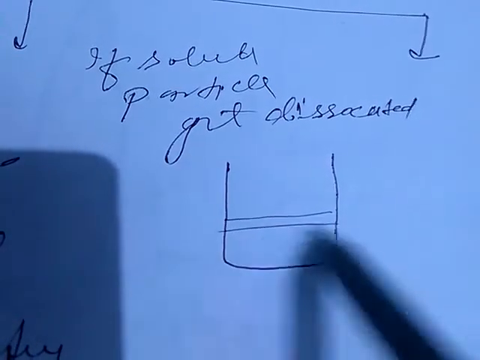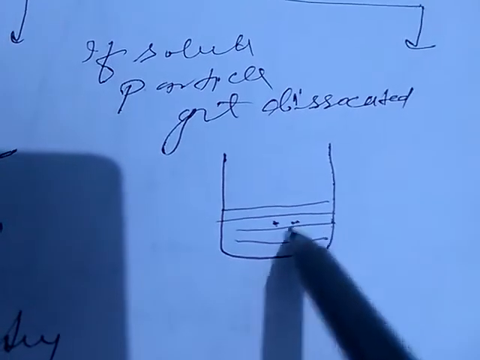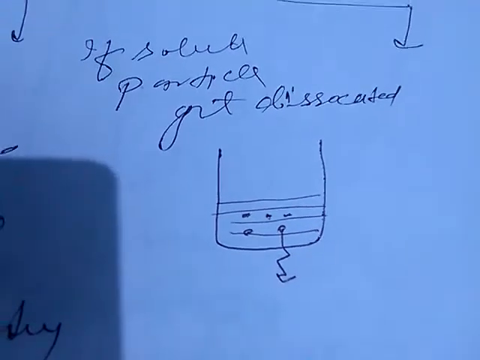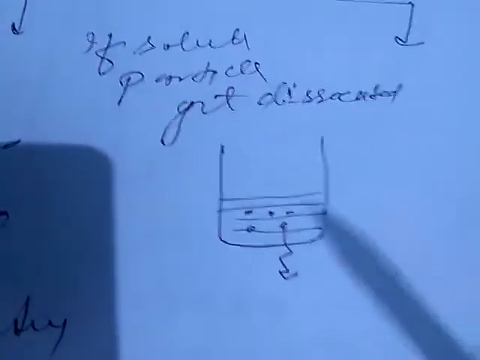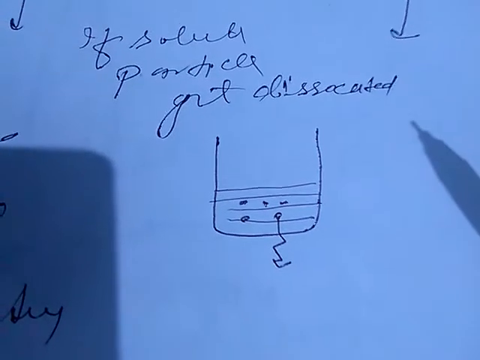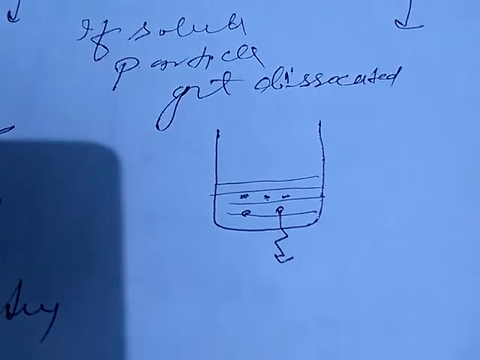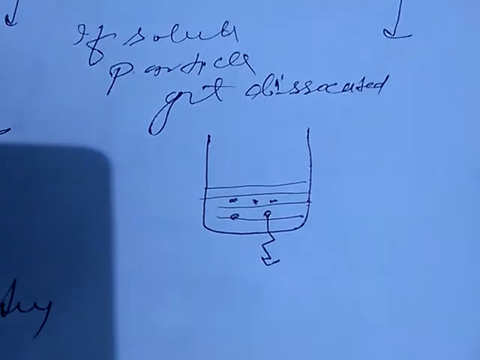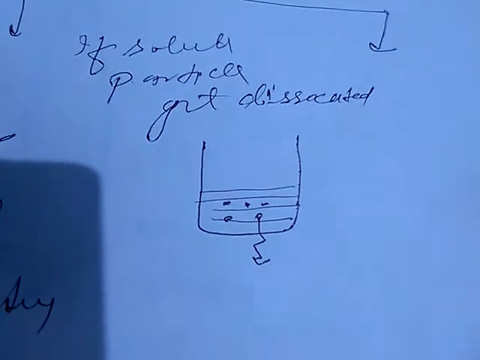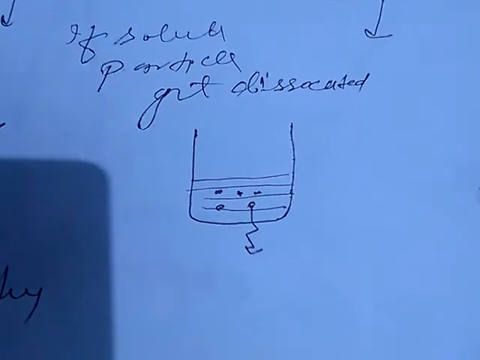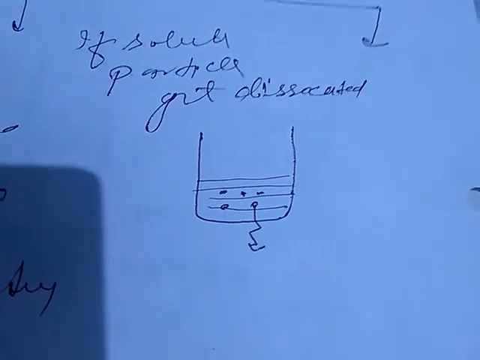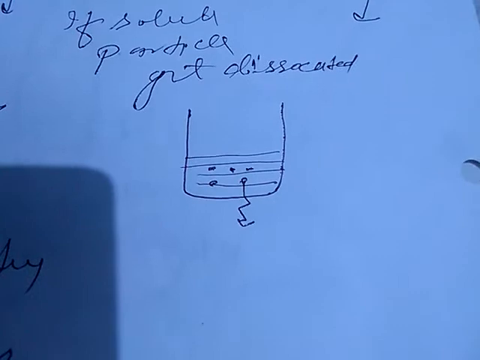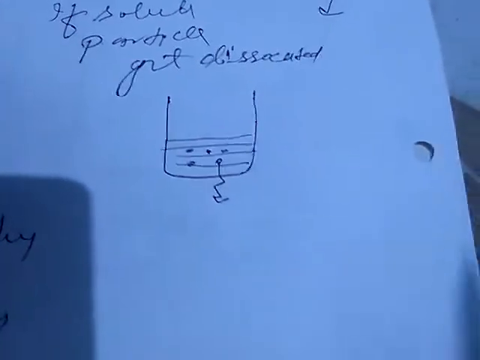This is a solution containing some solute particles, and if the solute particles dissociate, the number of particles in the solution would increase, and due to this the colligative property would change. Then ultimately the molecular mass being calculated would not be the normal molecular mass, it would be an abnormal molecular mass.